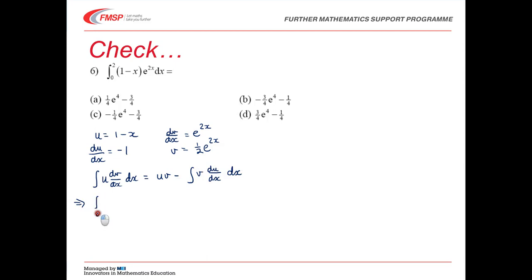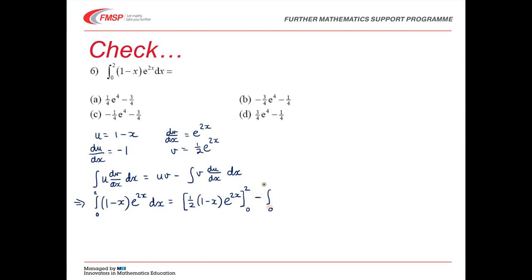So the integral from 0 to 2 of 1 minus x e to the 2x is uv, so that's a half 1 minus x e to the 2x, and because this integration by parts has limits, we need to put that in the square brackets from 0 to 2.